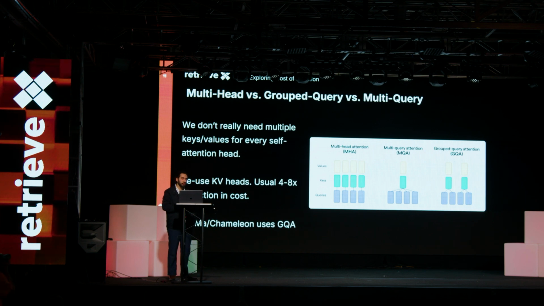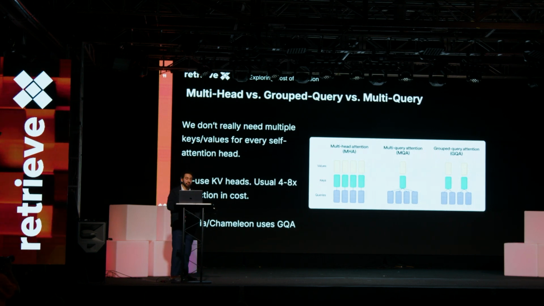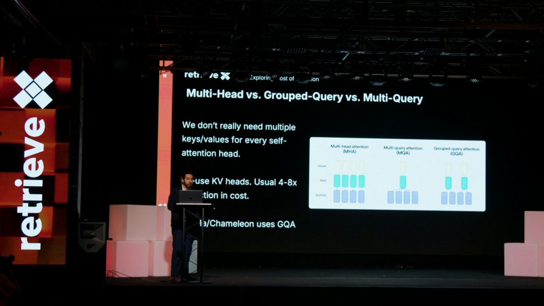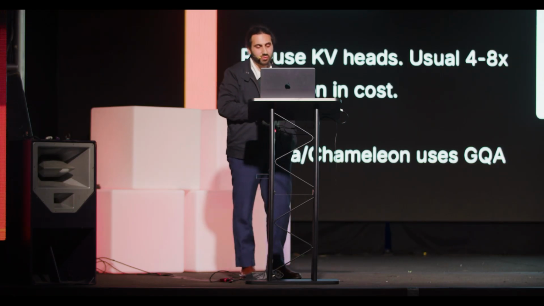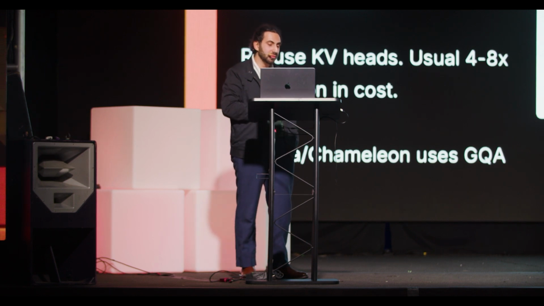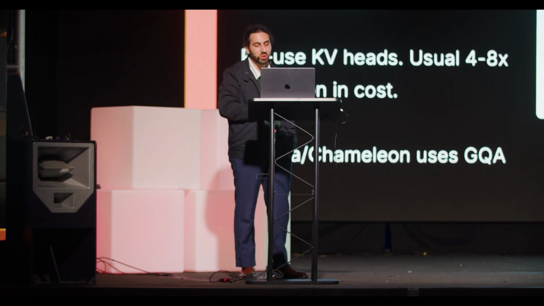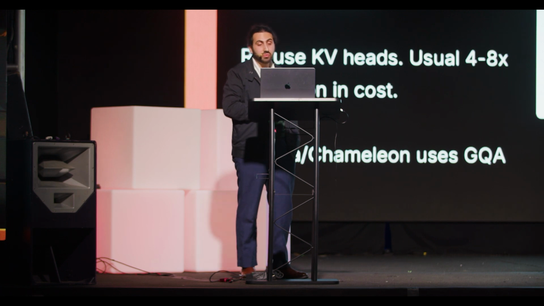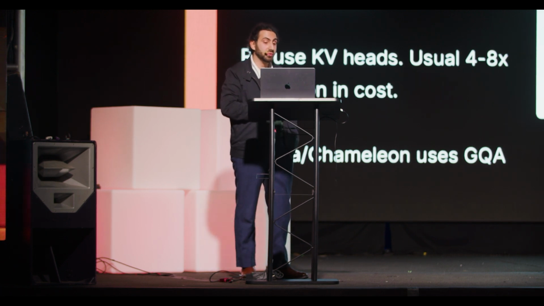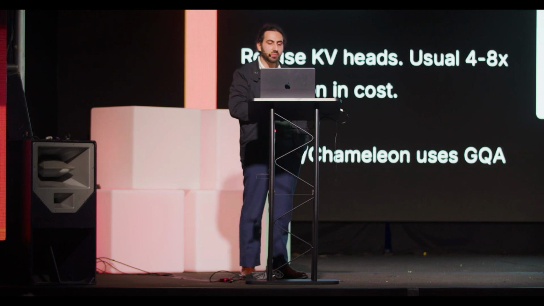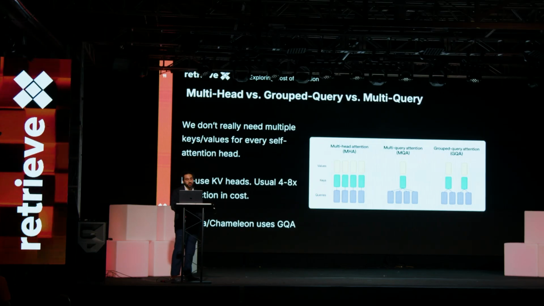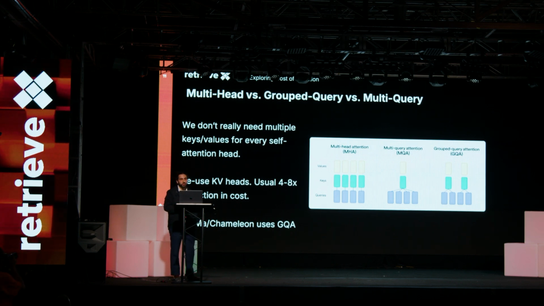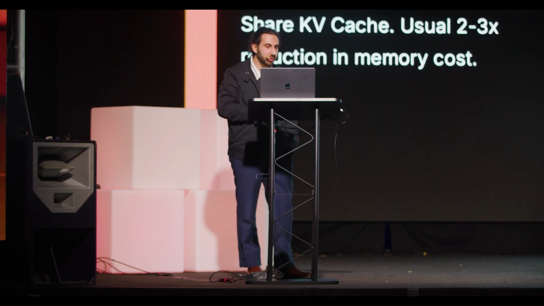And if you do this, you actually don't need to store the number of heads of embeddings for all of your keys and values. And so this was introduced quite early, maybe in 2021 from Google, and eventually it made its way into very popular trainings. And I think most of the big models that you use today all use either grouped query attention or multi-query attention. So if you folks use Llama, if you use any of the Mistral models, if you use Chameleon, these are all using group query attention that are able to get us anywhere between 4 to 8 times reduction in memory cost. So this is pretty good, but we can keep going.